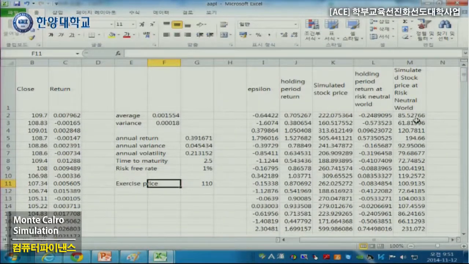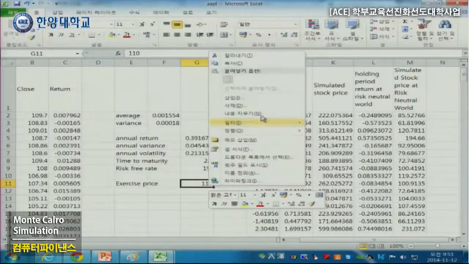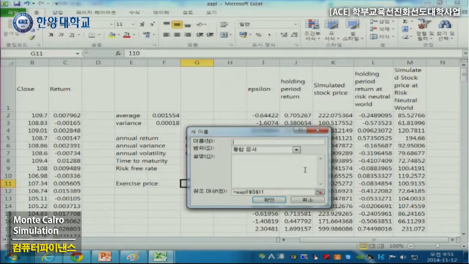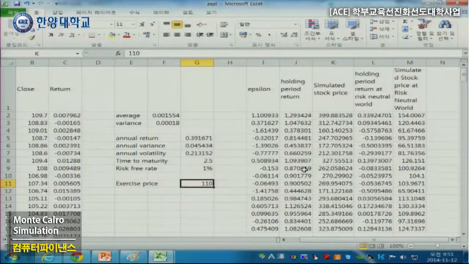If the exercise price is 110 and it is a put option, today's stock price is this one, so it is out of the money option. No, actually it is in the money option, right? It is a put option, so it is in the money. Let's say the strike price is K.